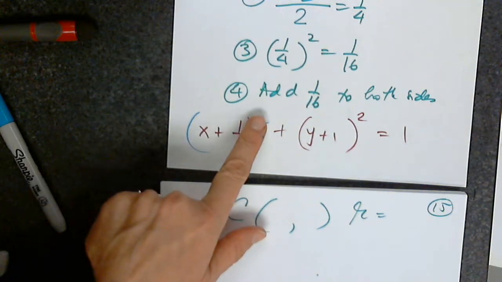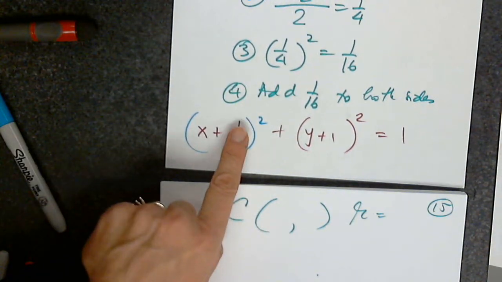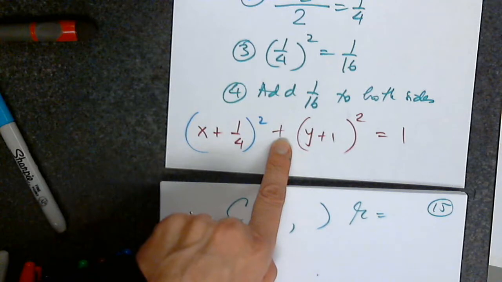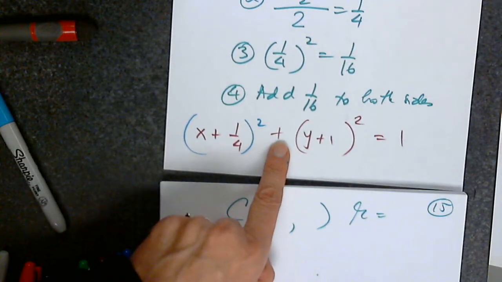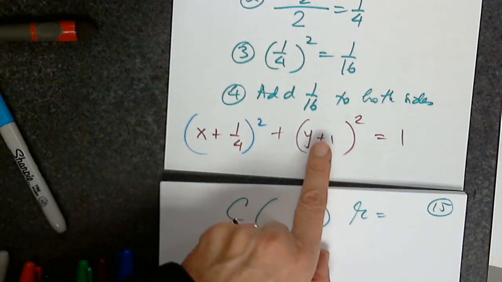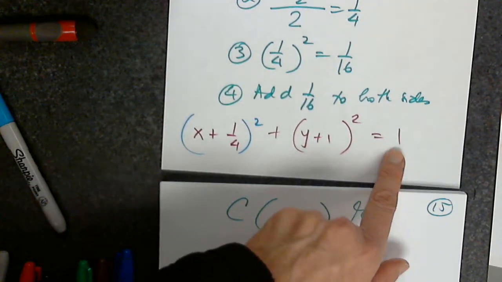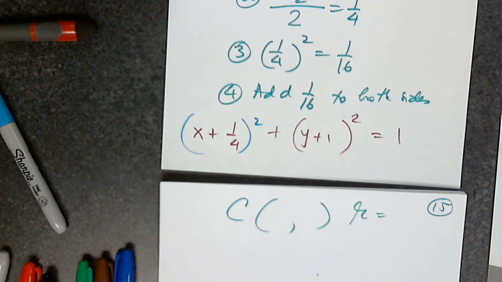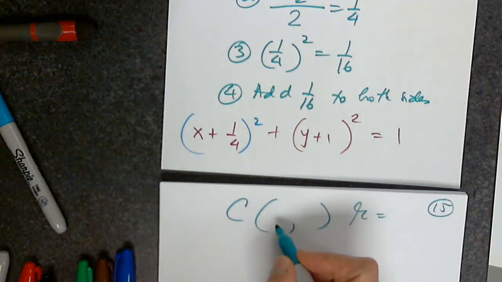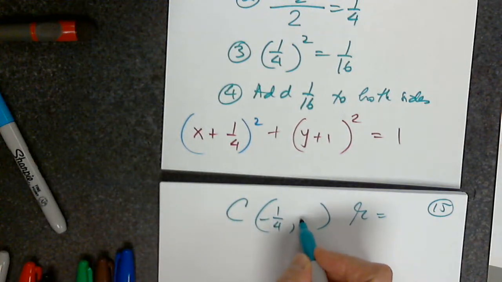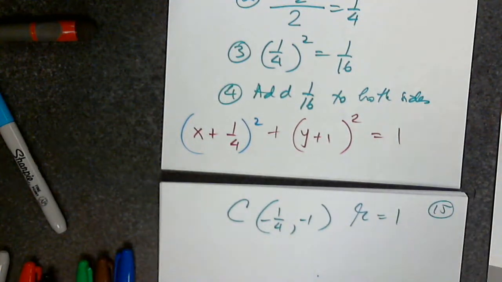Something with x squared, with a number or not, plus, mandatory plus, not minus, and here only y with a number or not, and a positive number on the other side, because otherwise we can't take the square root from it. So the center, one more time, is the pair of numbers in parentheses, and the radius is, that's it.